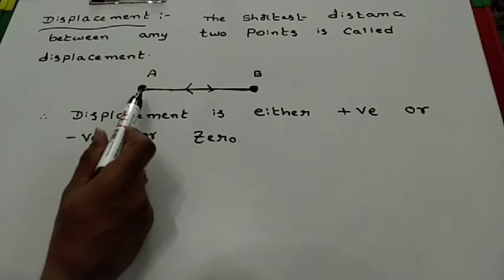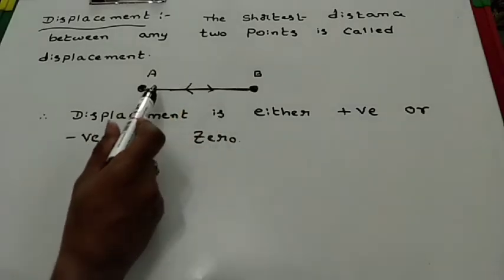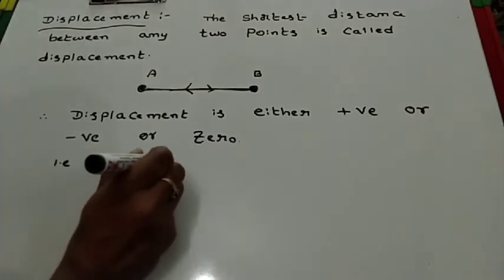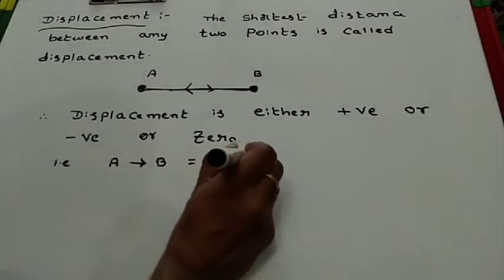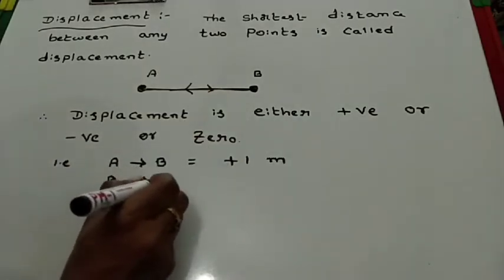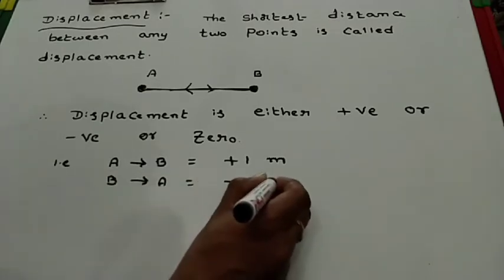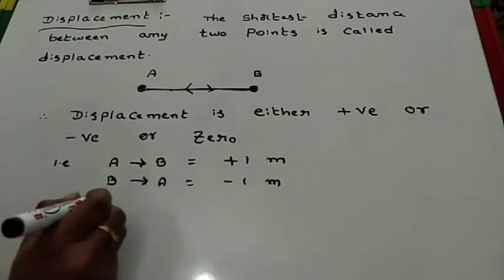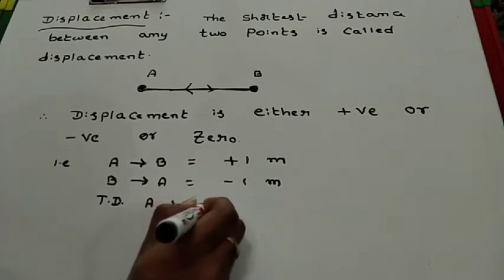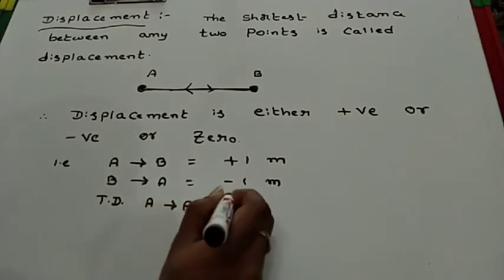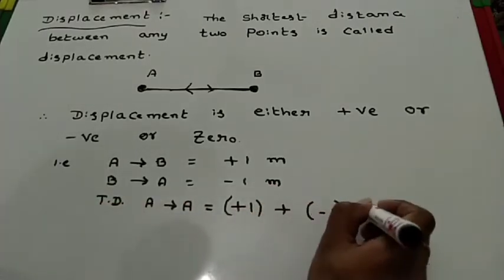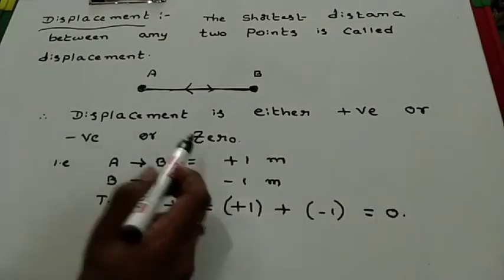Therefore, the total displacement from A to A is plus 1 plus minus 1, which equals 0. So, zero displacement.